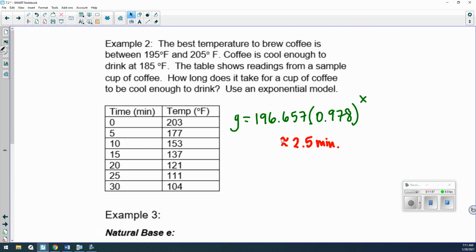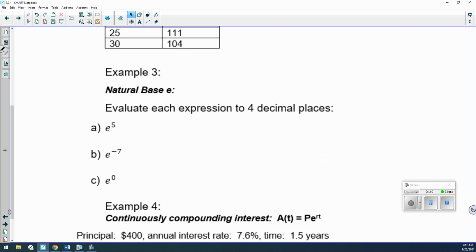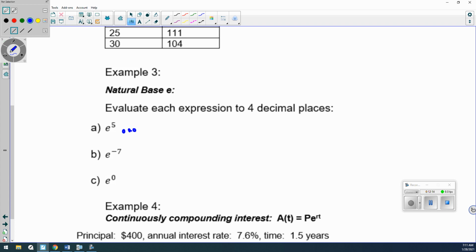All right, let's go on to example 3. This is going to go pretty quick and easy, so hang with me just a few more seconds, really. I want to evaluate each expression to 4 decimal places. So e to the 5th power, I'm thinking, well, that's going to be like 2.72-ish to the 5th power.